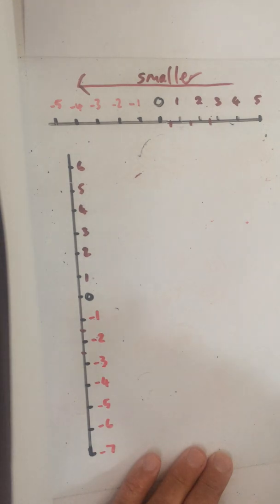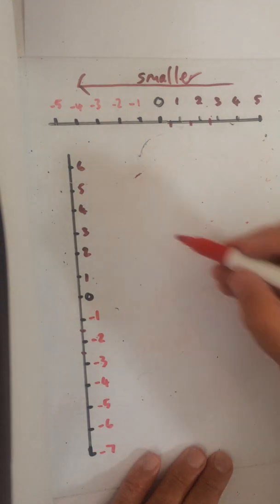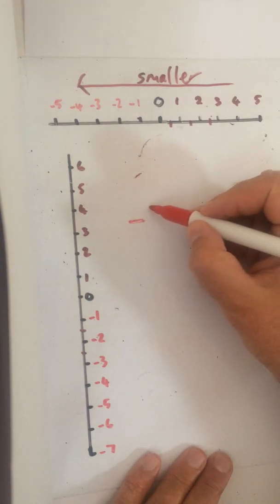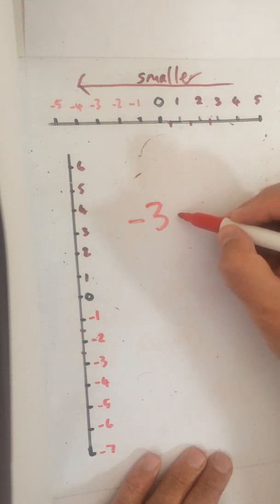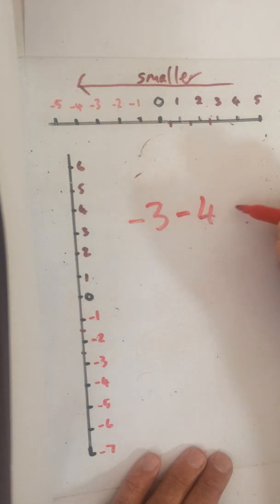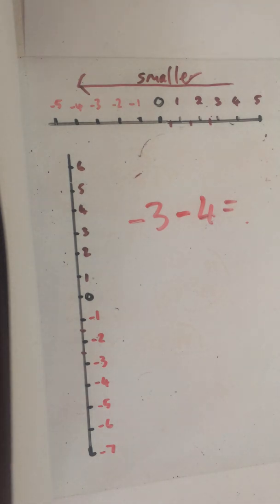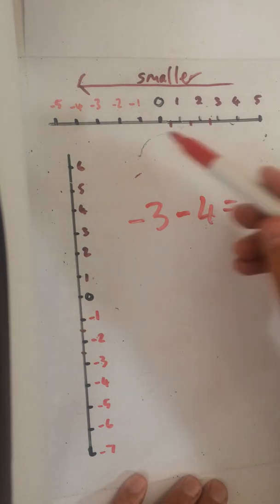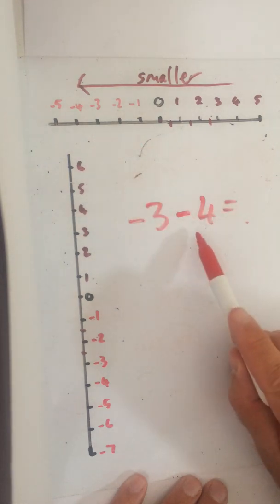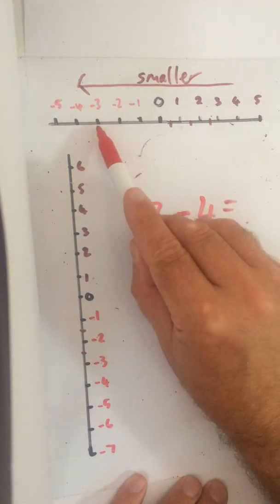Right, what about questions such as, what if we had minus 3, and we're also then going to take away 4 from it. Have a think what that would be. Work it out yourself quickly. Minus 3 minus 4. So let's use our number line. I'm going to start at minus 3 and take away 4, so it's going to get smaller.